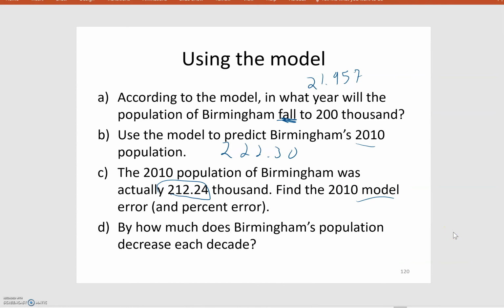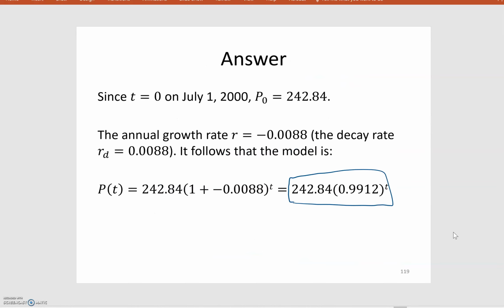Finally, by how much does Birmingham's population decrease each decade? So this is asking for your 10-year decay rate. And we have the annual decay rate, 0.0088, and the associated factor. The factor is actually what we need right here. So that's our annual factor.